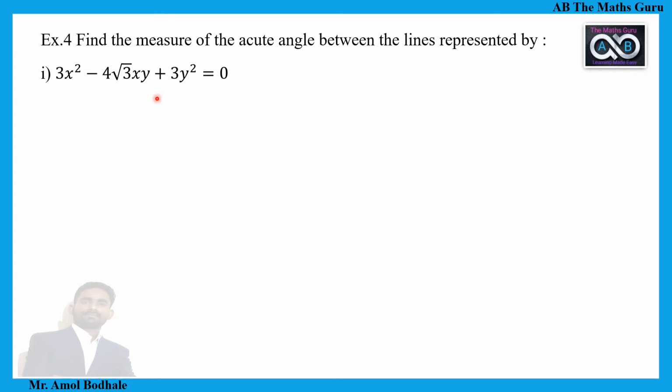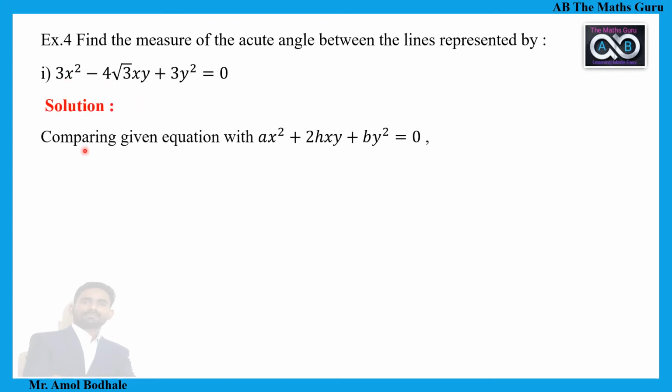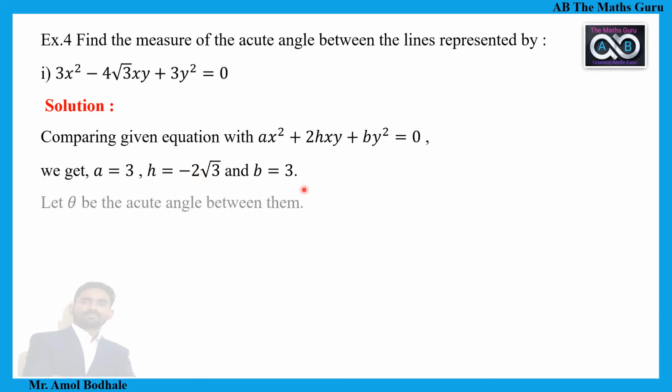So, first we will calculate the values of a, b and h. Comparing the given equation with the standard equation ax square plus 2hxy plus by square equal to 0, we get a equal to 3, h is equal to minus root 3, and b equal to 3.